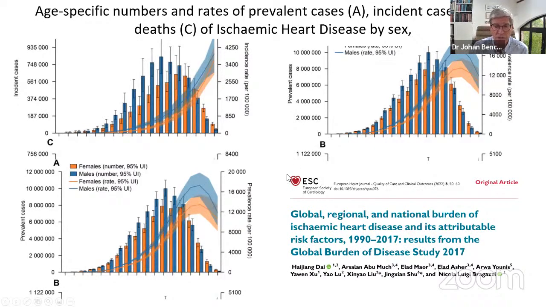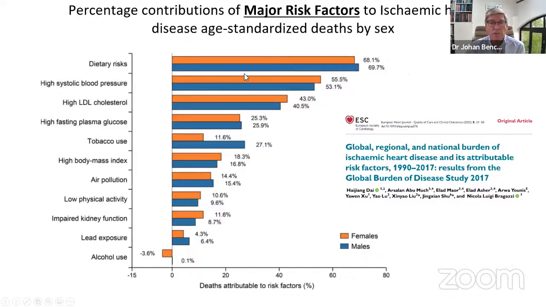I'm not going to go into detail with this, but these graphs show nicely the difference between male and female patients. Just the percentage of the risk factors, what plays a role in the risks, and what do we have to look at when we approach these patients.